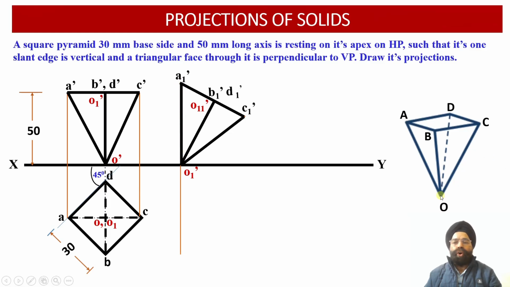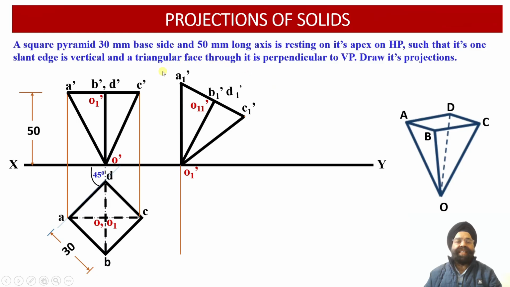So the OA edge we have oriented in such a way that this edge has become perpendicular to the horizontal plane, or vertical, and correspondingly B1 dash, D1 dash, C1 dash and O11 dash points have also been obtained into the elevation projection view corresponding to this inclined inverted square pyramid.